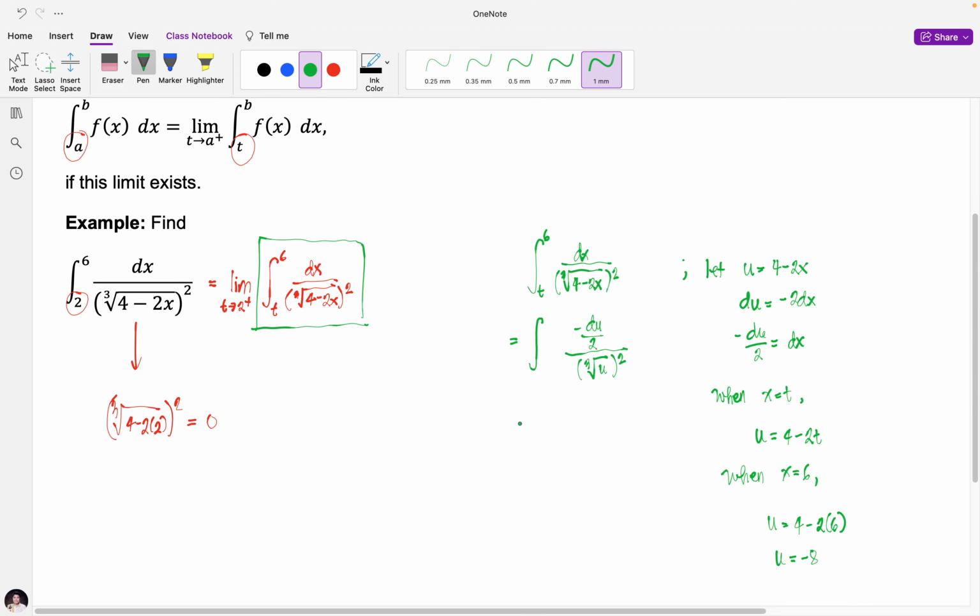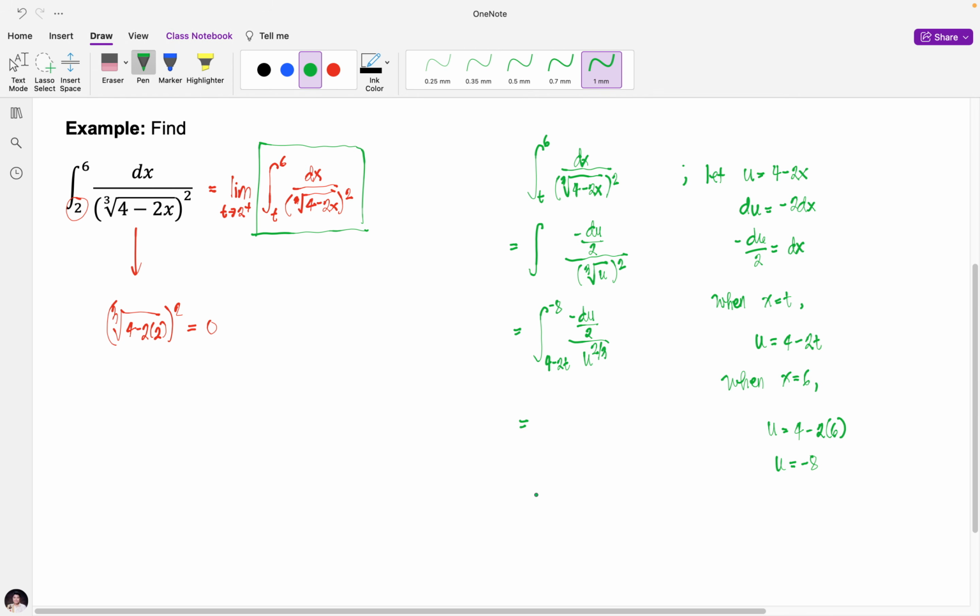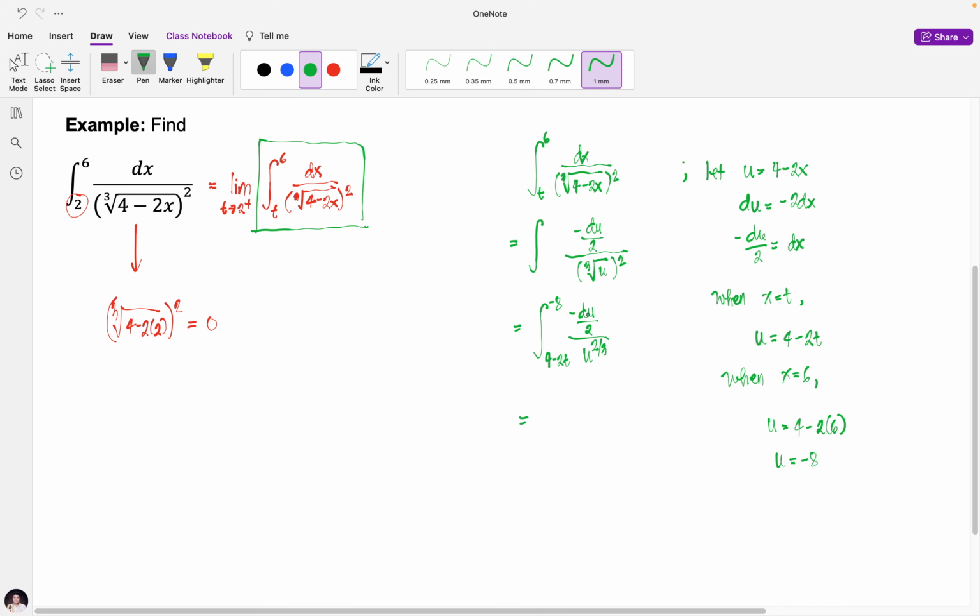So we now have the integral of negative du over 2, and I can rewrite the denominator as u to the 2/3, from 4 minus 2t to negative 8. Evaluating the integral, we put the negative 1/2 outside. So we have negative 1/2 integral of du over u to the 2/3, from 4 minus 2t to negative 8.